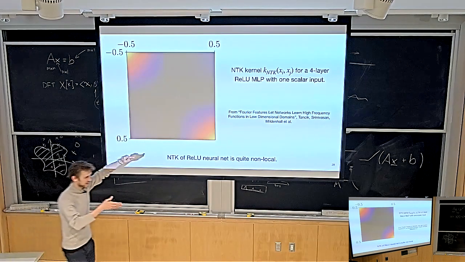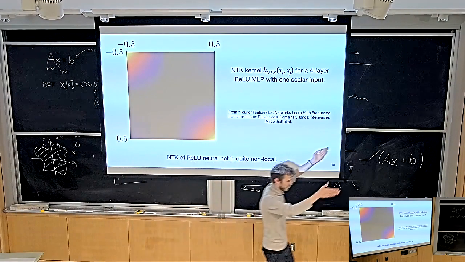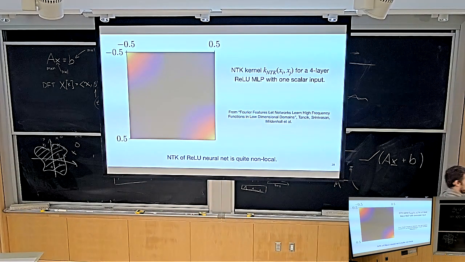Actually great. These guys actually went all the way. I didn't understand this back then. They figured this part out about the relationship to neural tangent kernels. So this is in fact the neural tangent kernel for a 4-layer ReLU MLP with one scalar input. So you have one input, x on one axis, or x1. You should always label your axis.